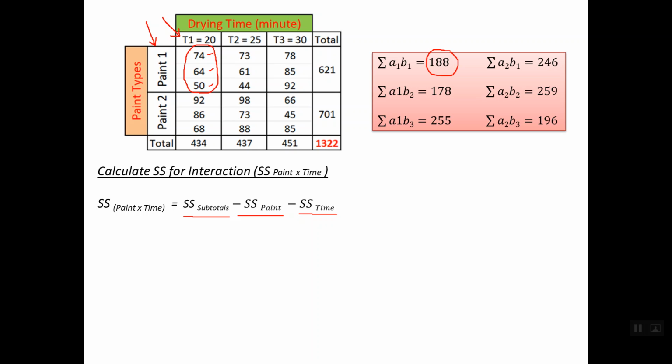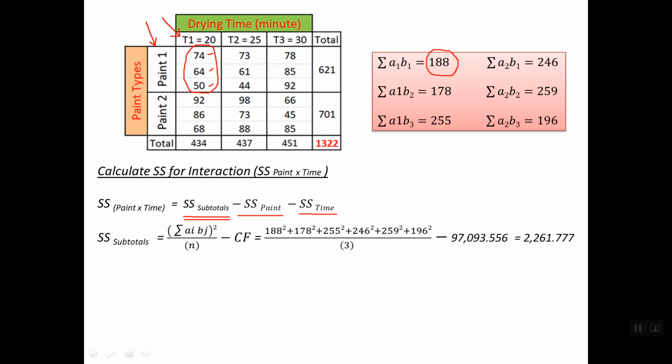How to calculate the subtotals? We first make the summation for each treatment group, and here in the table to the right we have the summation for all of these 6 groups.